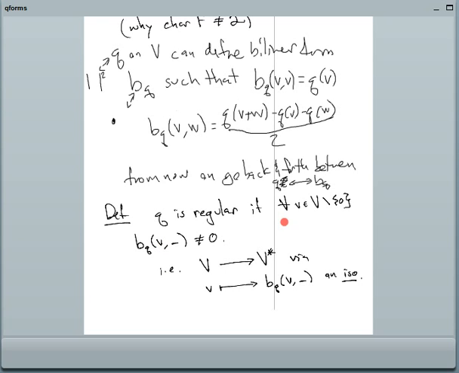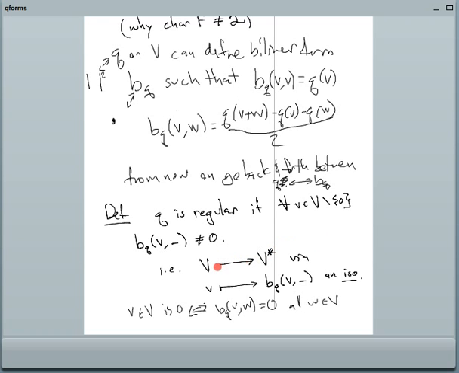So in other words, a vector is zero exactly if it pairs to zero with all other vectors. Or as I've said it here, if you have a non-zero vector, then there must be something that you can put in this blank to get something non-zero.